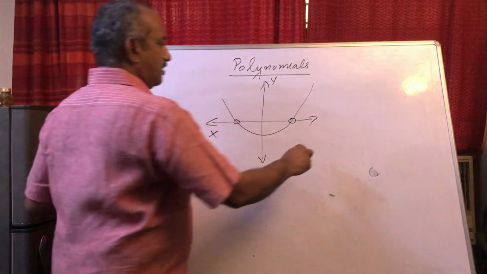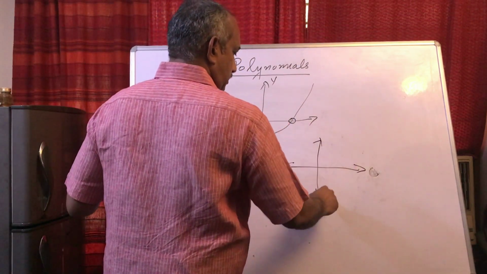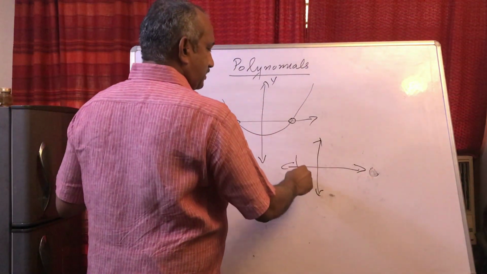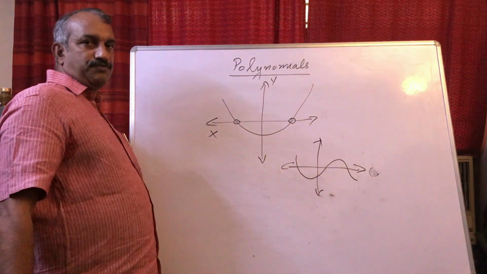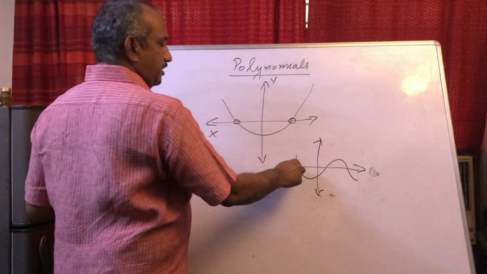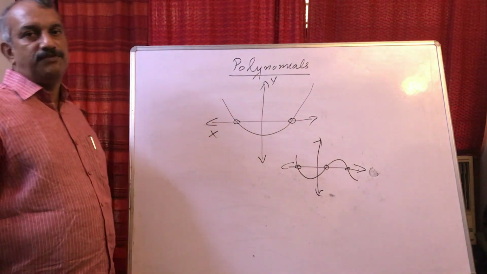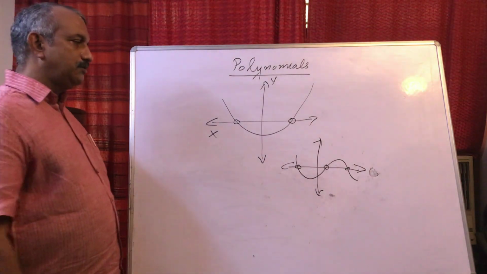Now if the graph representing a polynomial is intersecting the x-axis at 3 points, then we say the number of zeros is equal to 3. Say here in this case 1, 2, 3. So 3 points the graph is intersecting the x-axis. So the number of zeros is equal to 3.